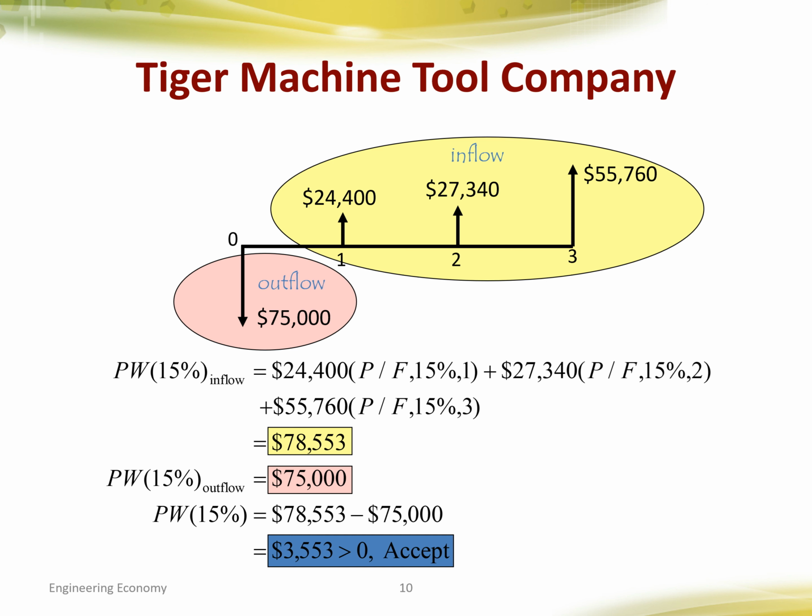In this example, the result is 3,553, which is a value greater than 0. So we'll accept this investment opportunity. We put in a certain amount of money and we get certain money back every year. If we take the net present value, NPV, the result is positive, which based on the decision rule we'll accept.